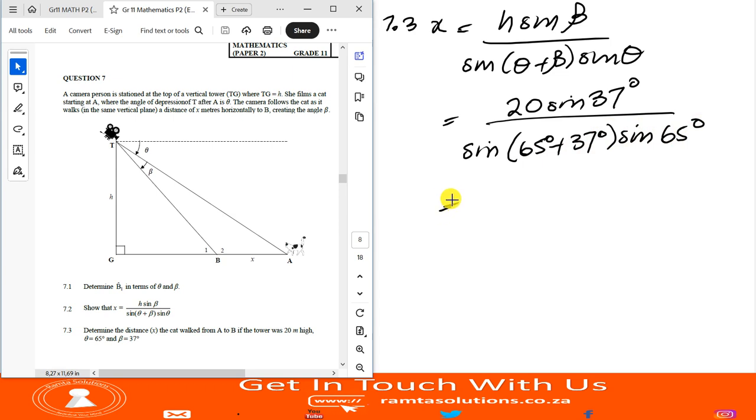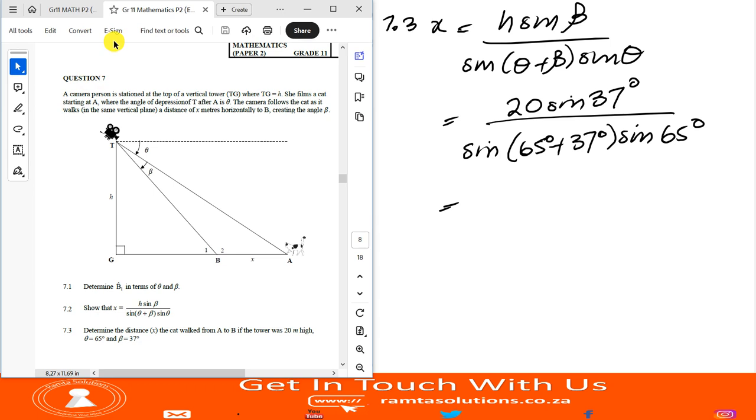Then we take our calculator. We see what we get. Let me see what I get quickly. So this is 20 sine 37, close, over sine 65 plus 37, close, sine 65, close.